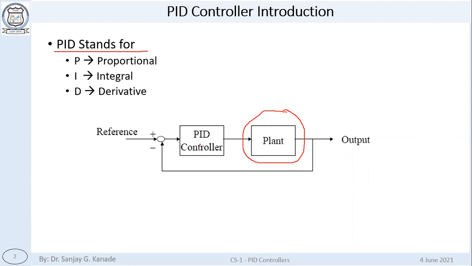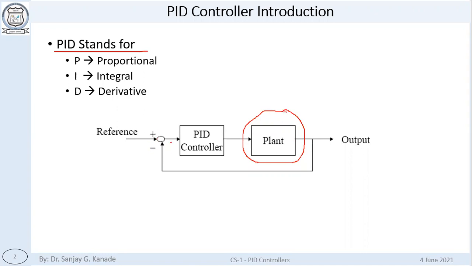So in a closed loop control system like this one, we measure the output of the process. Whatever the process variable is, for example, when we talk about a temperature control process, the temperature is the output variable or the process variable. We measure that, and then we send it back towards the input side, right?